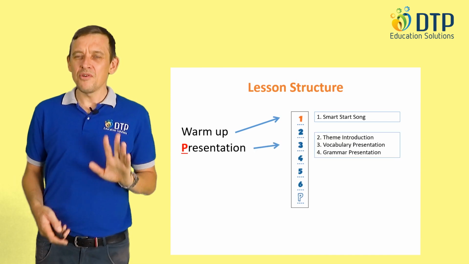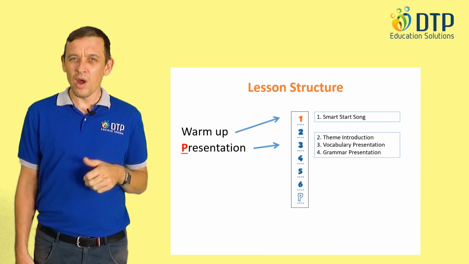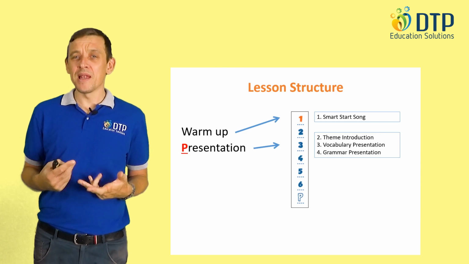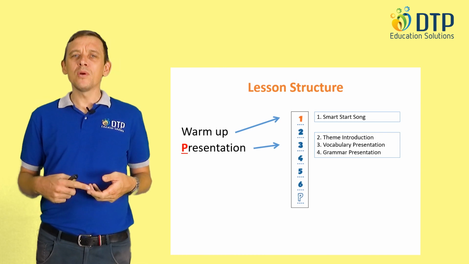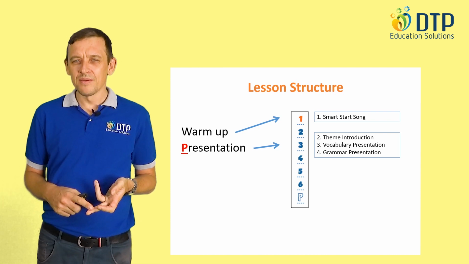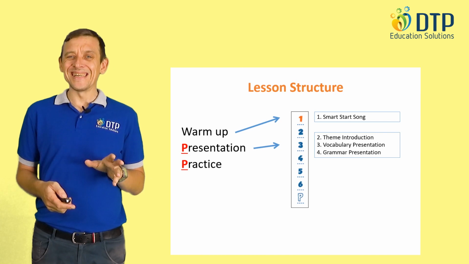The second part of the lesson is where we present. We have 3 parts to this. We have the theme introduction, where we introduce the topic. We have vocabulary presentation, and we also have grammar presentation as well. So, after presentation, we have practice.